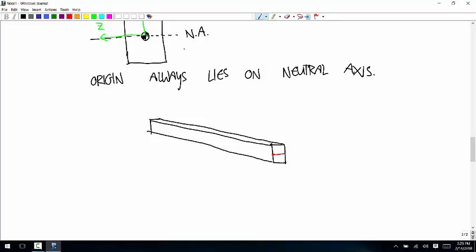Cross section. It goes straight across through the centroid of the cross section. And wherever you take a cross section, that neutral axis exists. So you could really think of the neutral axis as a surface, if you like.